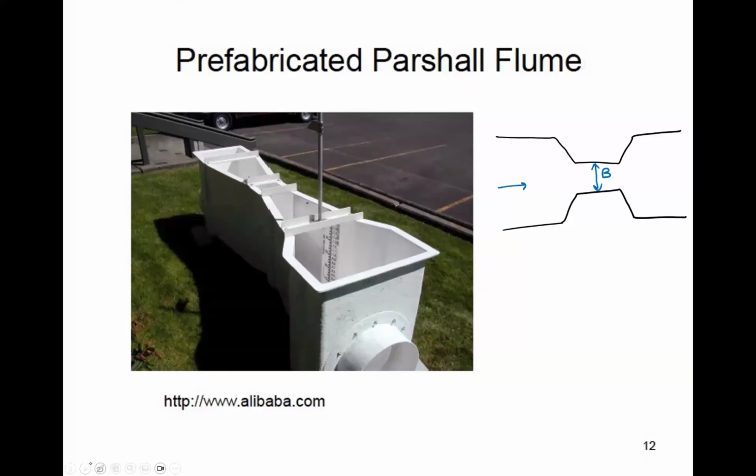And in section, they've combined this with something that looks like a hump. So what's going on here is that you not only have lateral constriction, but you also have a change in bed. You have an obstruction along the bed as well. So a combination of the two.